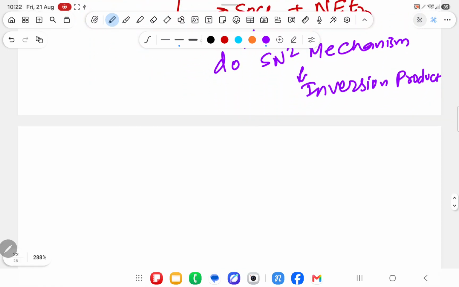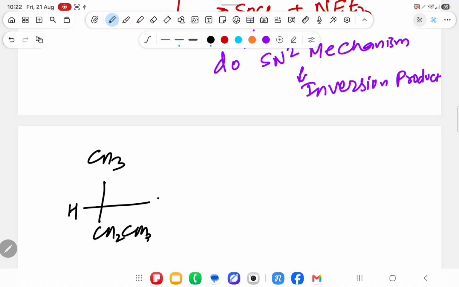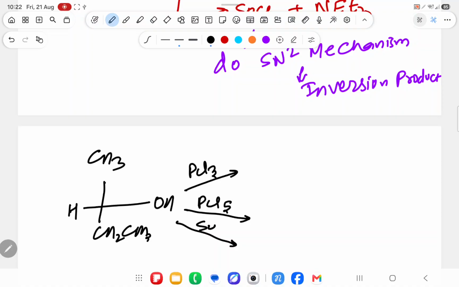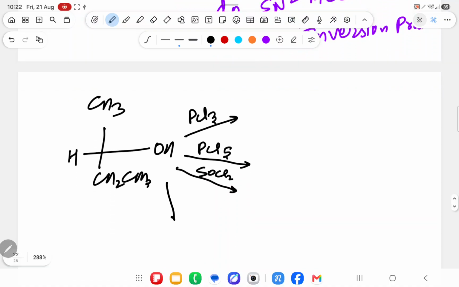Suppose I have written one example over here to make the topic clear. CH3, CH2, CH3, CHOH. I am reacting with PCl3. I am reacting with PCl5. I am reacting with SOCl2. I am reacting with SOCl2 plus pyridine. Now tell me what product is coming.